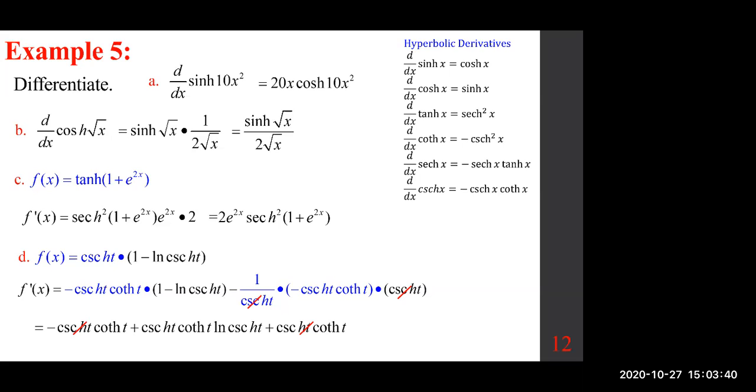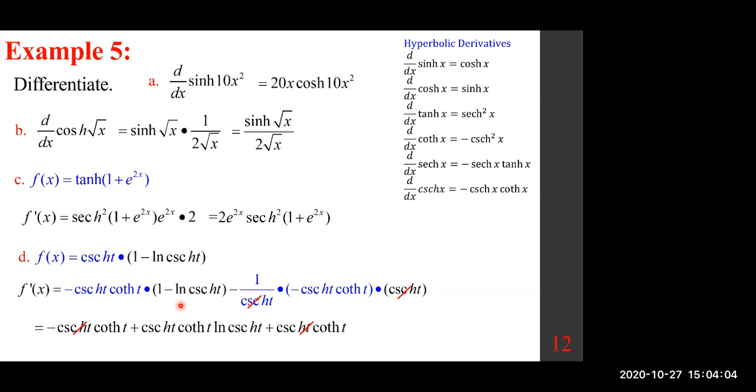So just a quick recap on this last one. You are looking at the product of a hyperbolic cosecant and 1 minus natural log of that. So you use the product rule. The derivative of hyperbolic cosecant is put here, and then the parentheses.